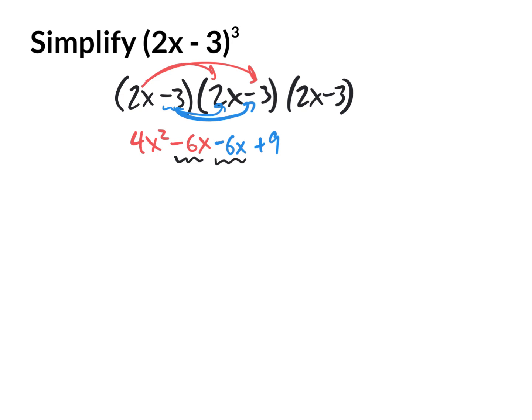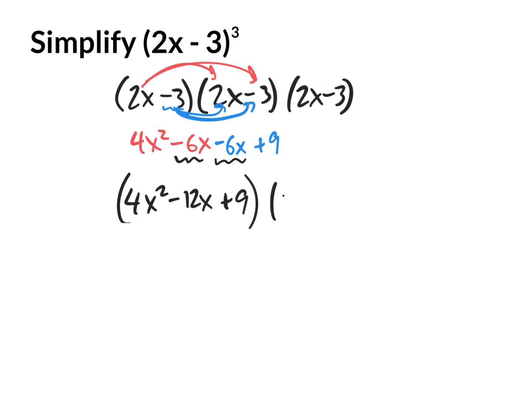So what we really have is a negative 12x with the 4x squared in the front and the plus 9 at the back. So by us distributing this binomial times that binomial, we got a quadratic trinomial.